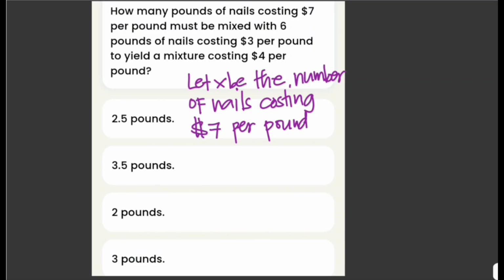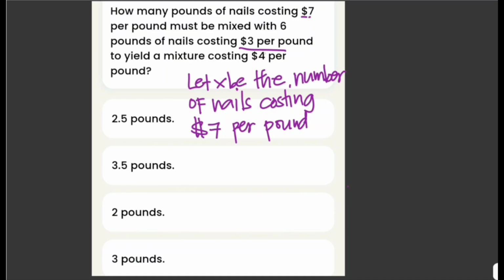And the total cost of the mixture is equal to the sum of the cost for each type of nail. So the first type is 6 pounds of nails costing $3 per pound, and the other one is $7 per pound.